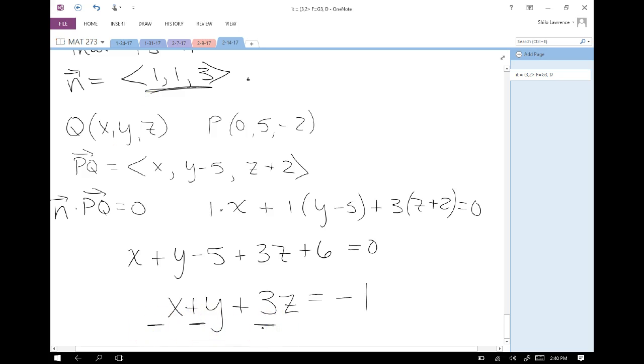So you can still look at the equation for a plane and look at the coefficients and figure out what the normal vector is. What we can't see is what point got used. Because we distributed and combined, we can't see the point anymore, but we can still see the normal vector because it's the coefficients. Okay, so that's the equation for our plane. X plus Y plus 3Z equals negative 1.